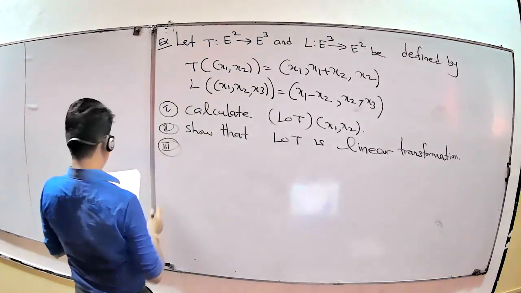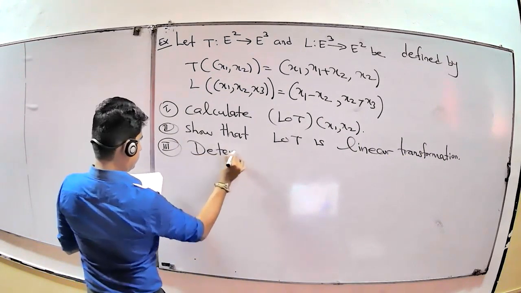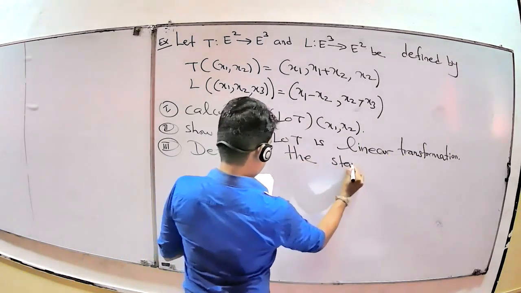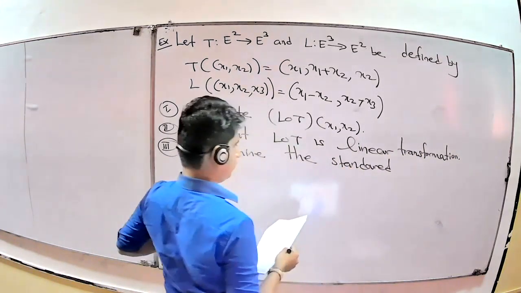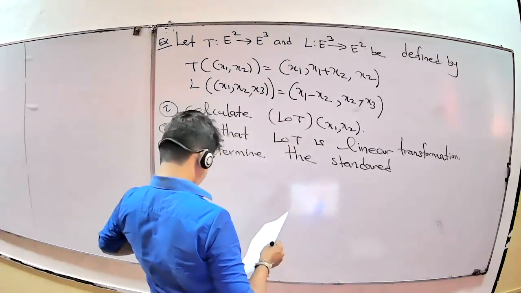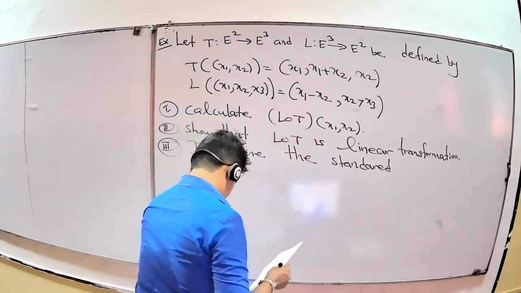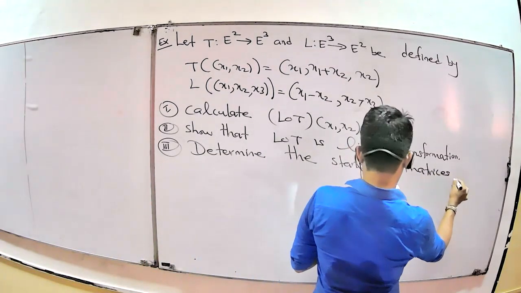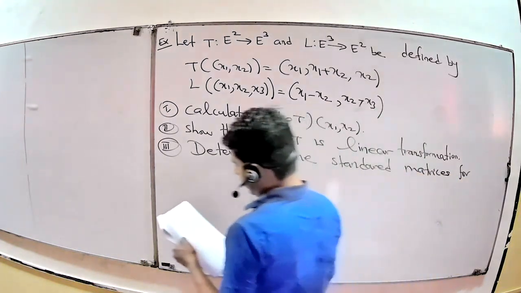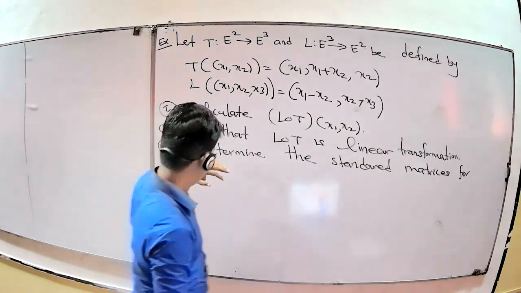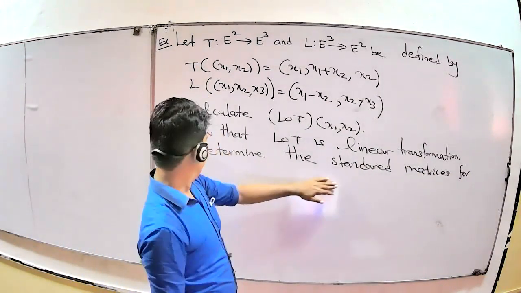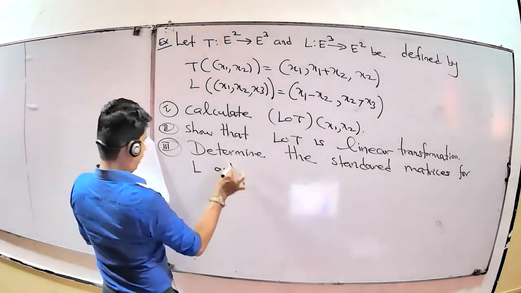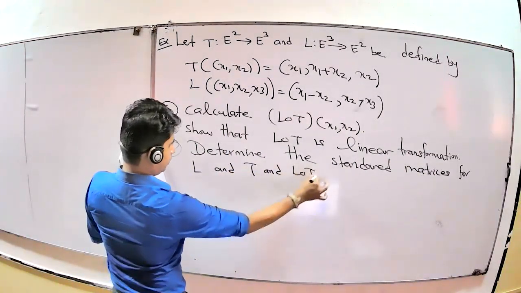Third part, determine the standard matrices for L and T and L composition T. That means you want to find the representation matrix.